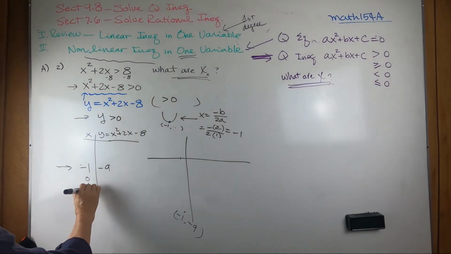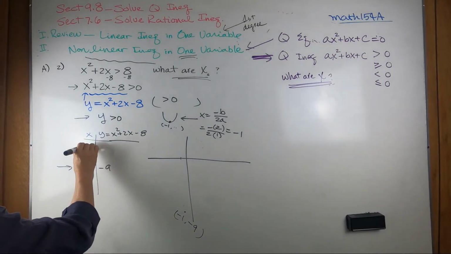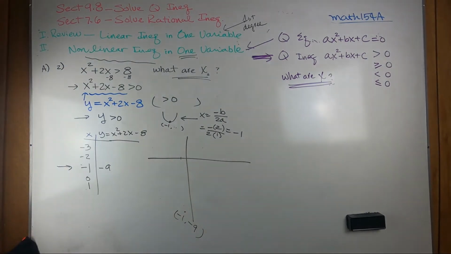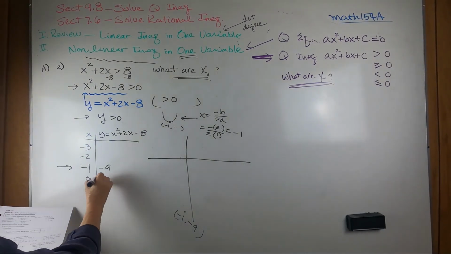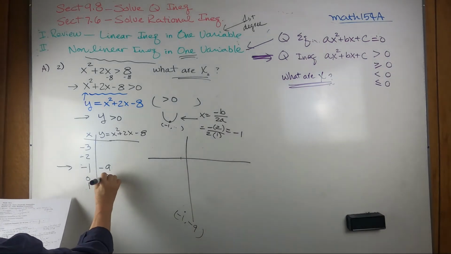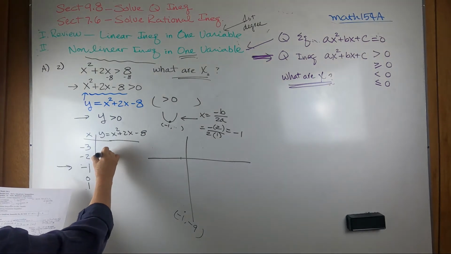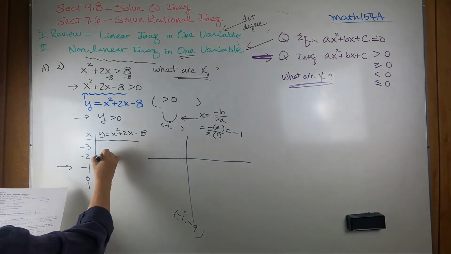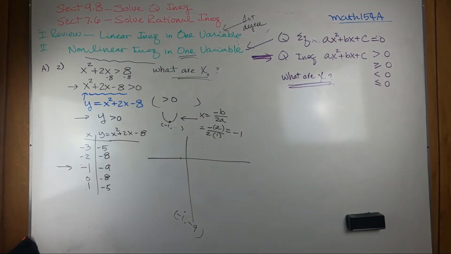Oops, that's 1, negative 1, negative 2, negative 3, right? So 0 would be negative 8, 1 would be negative 5, this one would be negative 2, should be symmetric, right?